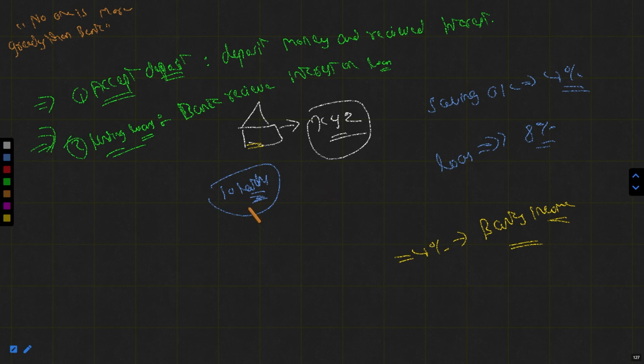If the bank has 10 lakh rupees as deposit and is giving 4% interest to the depositors, the bank will try to lend out rupees 10 lakh as a loan and earn 8% interest from the loan takers. But here comes the problem of net demand and time liability.